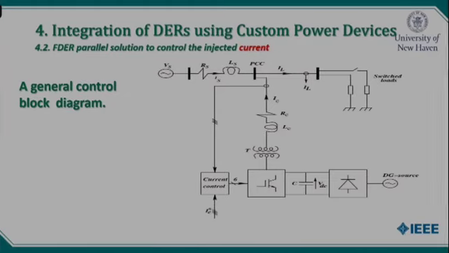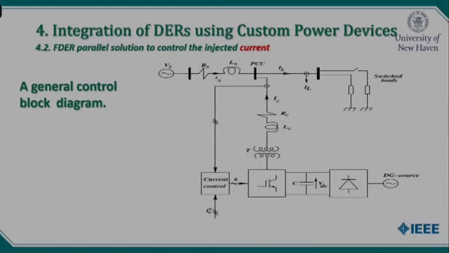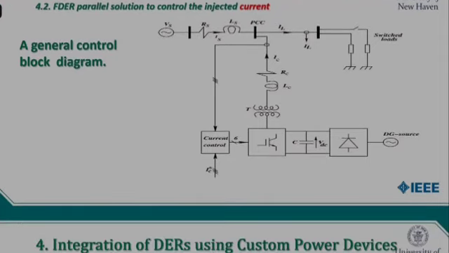Using this inverter, through the transformer, I can inject the current, and this is the control variable. Using feedback in this system, I can have a control system in order to control the DC link and achieve the main and the second objective of using this device as a parallel solution. Would you please show the next slide?